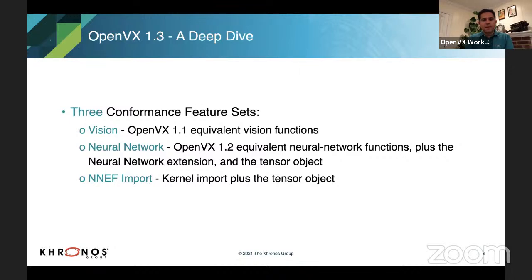And then we have a neural net feature set, which is almost equal to 1.2 features, and it has more neural net extensions and tensor objects. And then we have the NNEF import conformant feature set, where you can train your network, and when you want to deploy that network, you convert it into an NNEF node and launch it with the OpenVX graph, so it works as an import node.